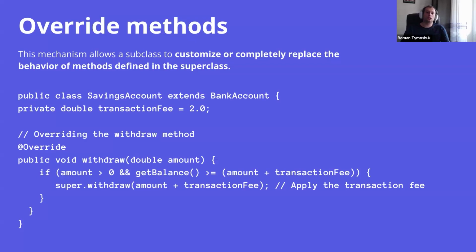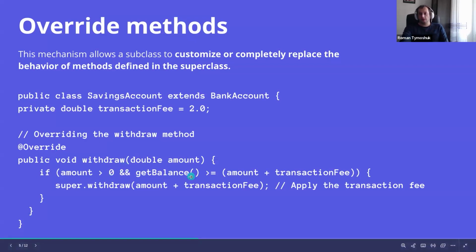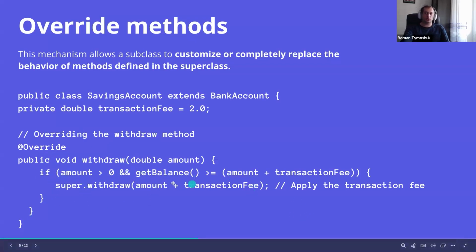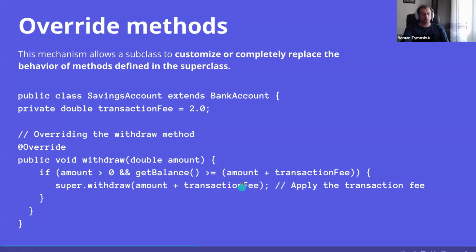And this logic should be a bit different and should be overridden compared to the base one. As you can see here, we are checking if the amount is higher than 0 and if the balance is also valid, then we are calling the parent withdraw method with a combination of amount plus transaction fee. I think it's clear, and it was already mentioned before.